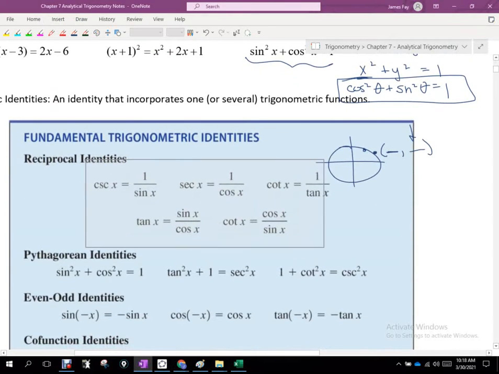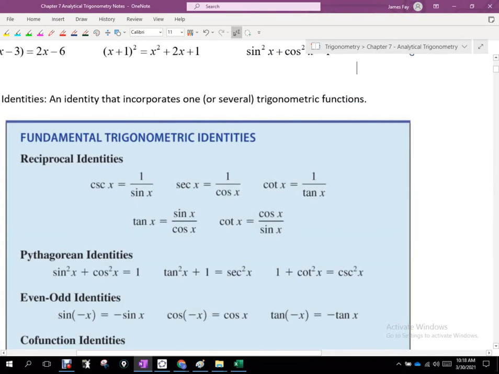These are reciprocal identities. Okay. Now they're only showing them in one direction. And what I mean by that is they say that cosecant is 1 over sine, right? So sine is 1 over cosecant.